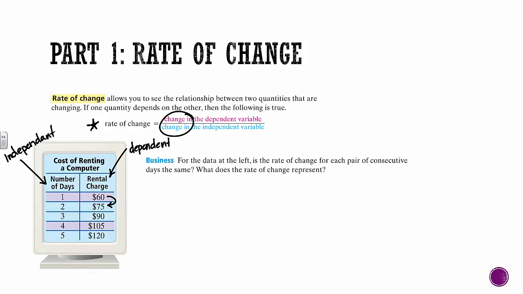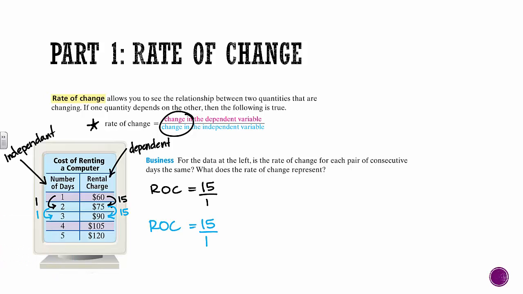So if we go from 60 to 75, it's changing by 15. If we go from 1 to 2, it's changing by 1 day. So the rate of change is 15 over 1 for those 2 days. And then if we look at that for the next set of days, 75 to 90, it's going up 15 again, and day 2 to day 3 is going up by 1. So my rate of change again is 15 divided by 1.